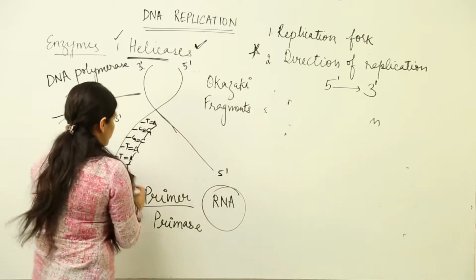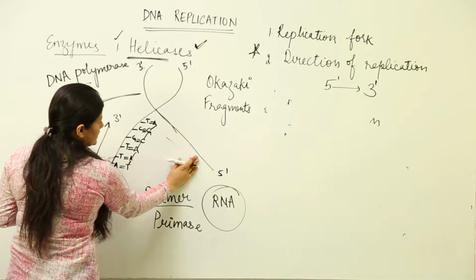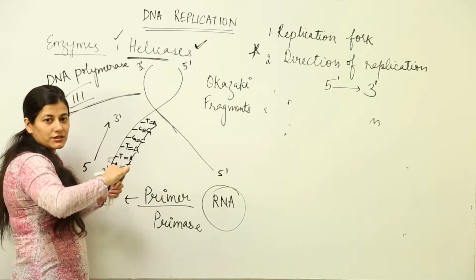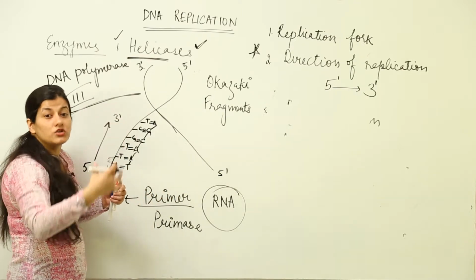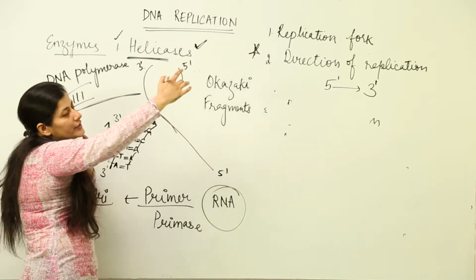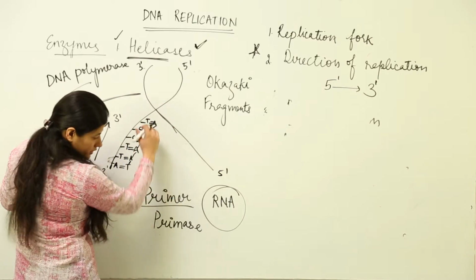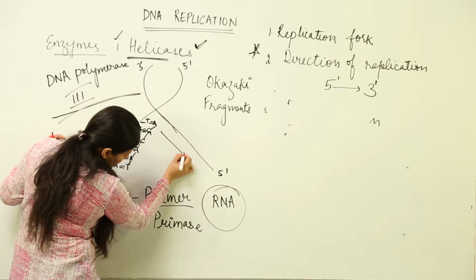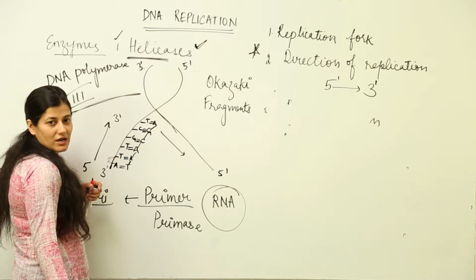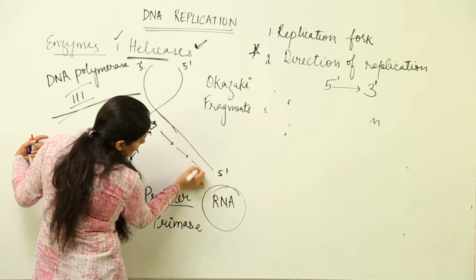Now what is the need of doing it this way instead of going further and further? As I told you in the beginning, the coiling causes tension in the helix. So if we keep on increasing it this way, this way, this way, it is going to increase the tension very much. So it is better that in the opposite direction also there is replication taking place, but it is taking place in small fragments.